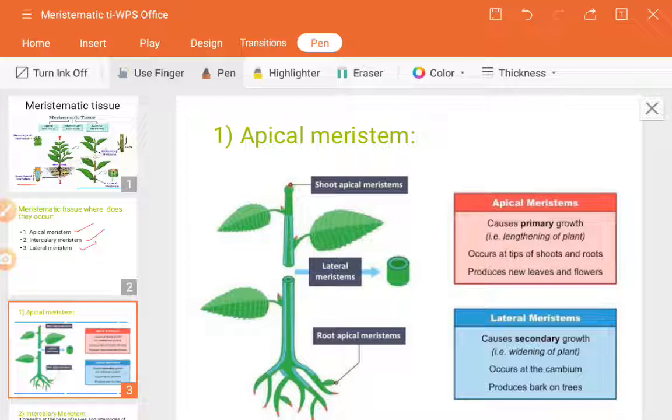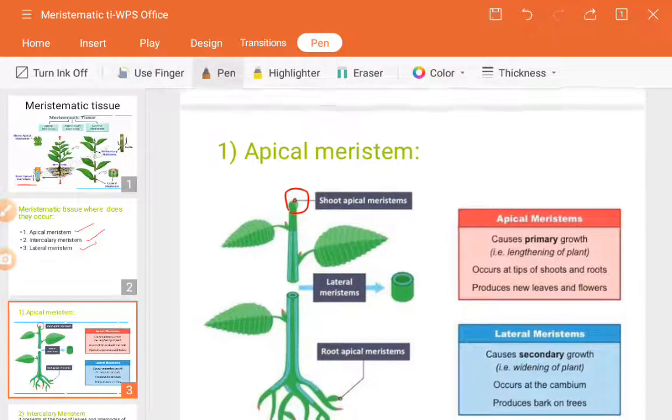As I told you, it's mostly present at the peak or the tip of the shoot. And here you can see the red portions which are present here, and at the roots. Those are nothing but the apical meristems, mostly present here.